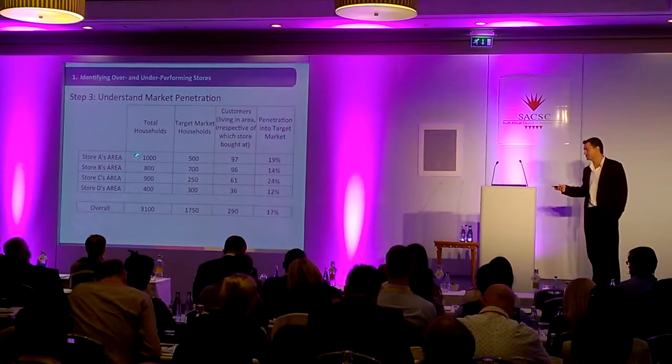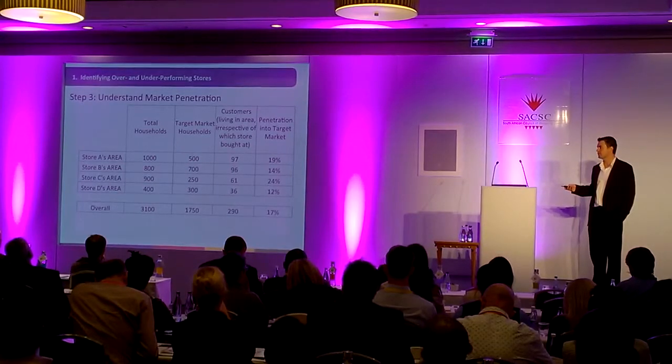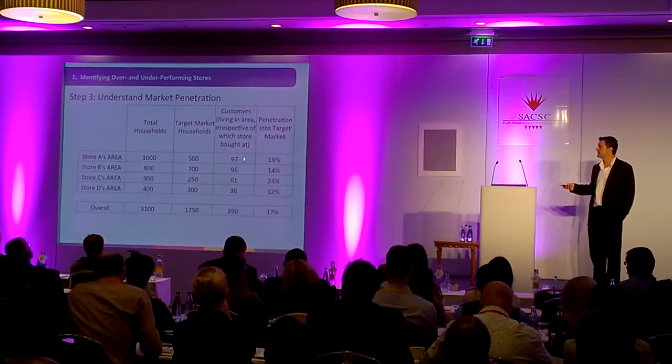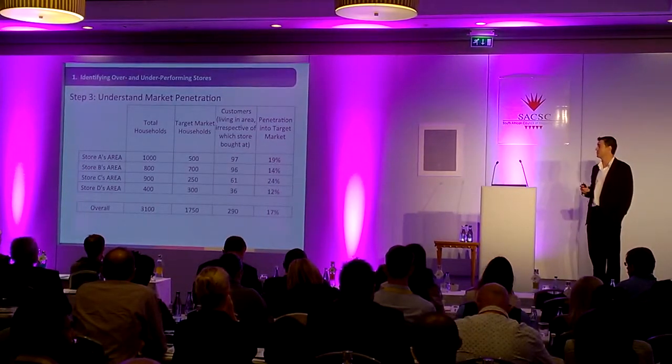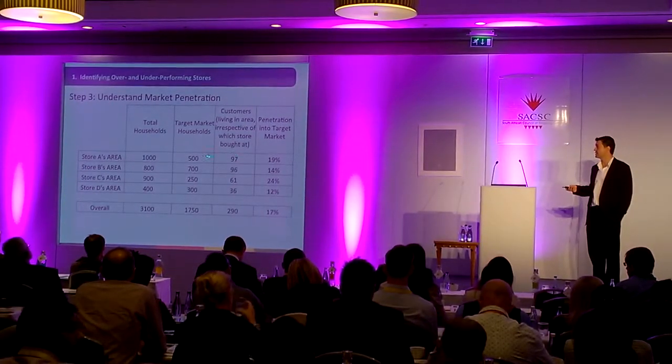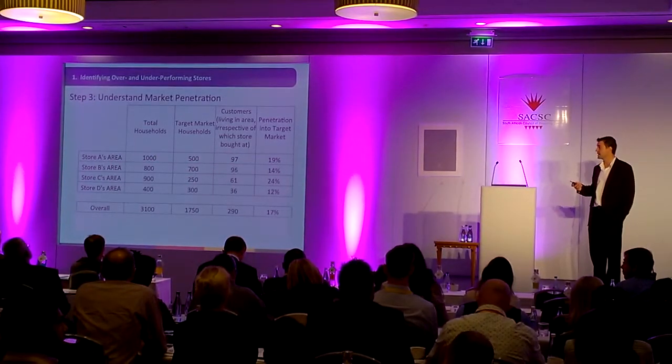And so for store A, it's got 1,000 households in its area, of which only 500 are in the target market. And there's 97 customers that actually live in the area who bought at one of the stores. And so that's a 19% penetration into its target market in store A's area.